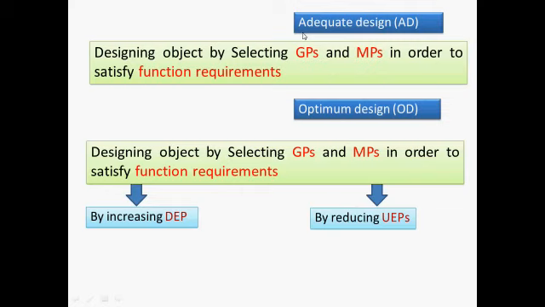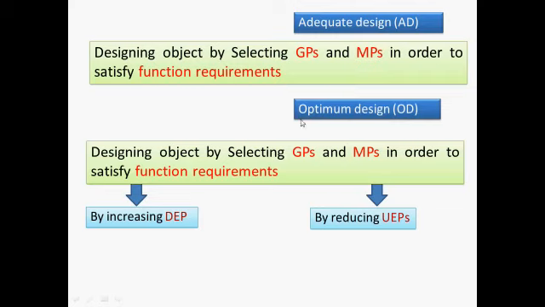Next we shall see, which was already explained at the start, the meaning of adequate design or sufficient design and optimum design. Adequate design means designing the object by selecting the geometrical parameters and material parameters in order to satisfy the functional requirement. So this is adequate design.